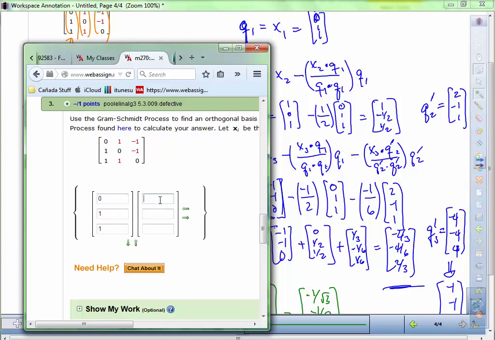The second vector would be 2, minus 1, 1. Oh, you tabbed over and it screwed you up. You messed up the previous one.